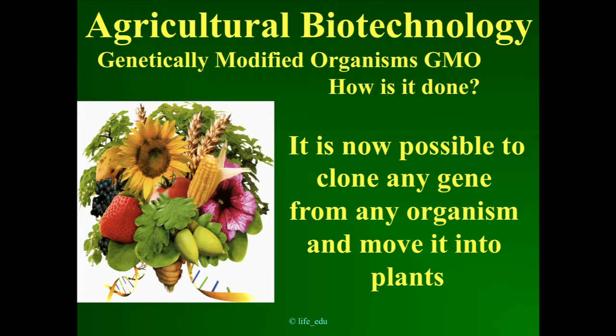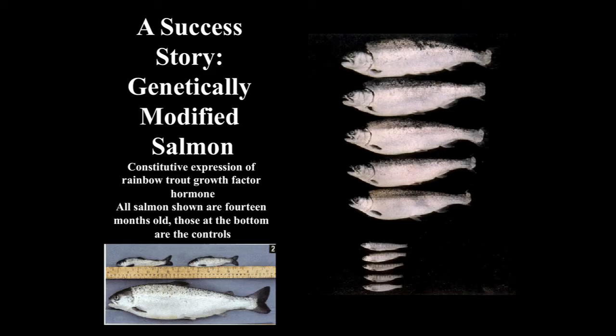But genetically modified organisms, GMOs, I can clone a gene and move it into another organism. I'll get into that specific technique when we talk about the applied parts of the class. But this has also been done in fish, moving a transgene into coho salmon, which coded for rainbow trout growth factor hormone, allowing those fish to grow faster.